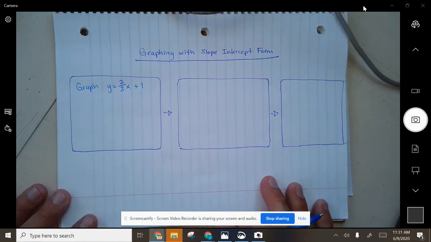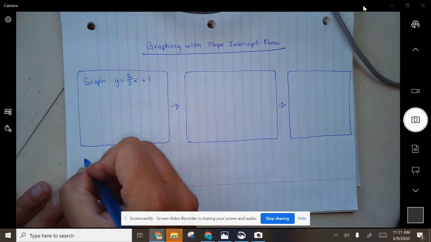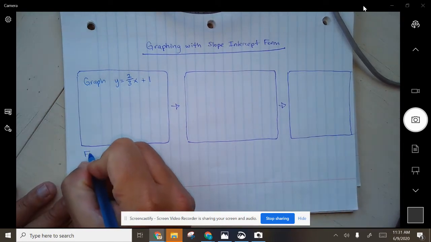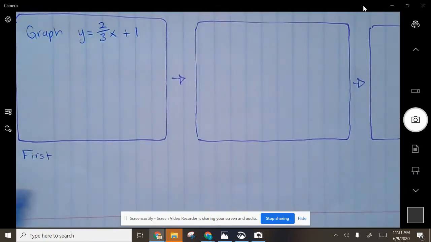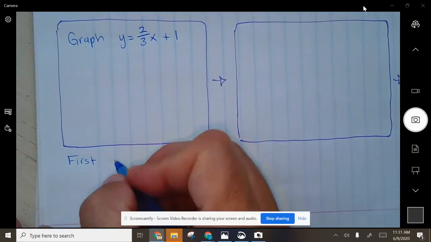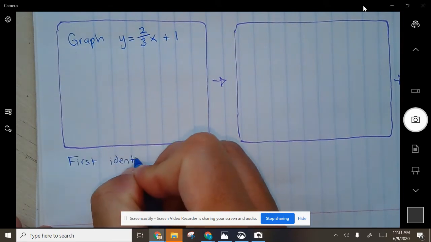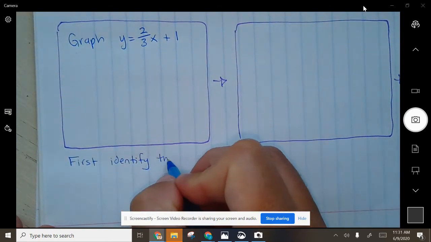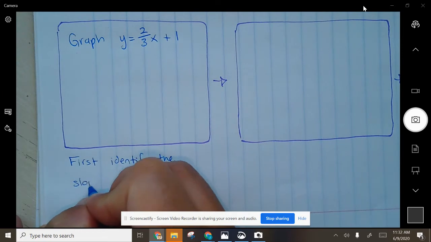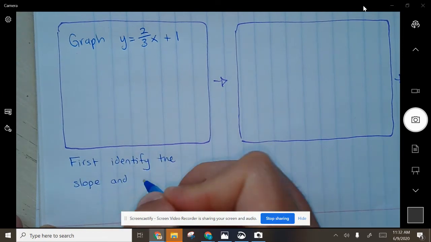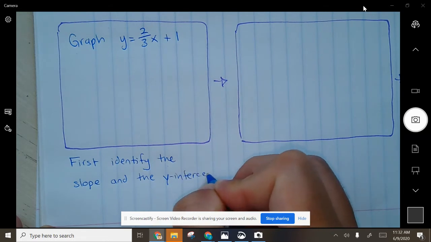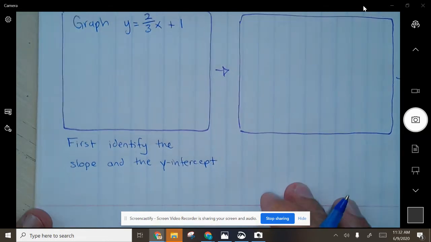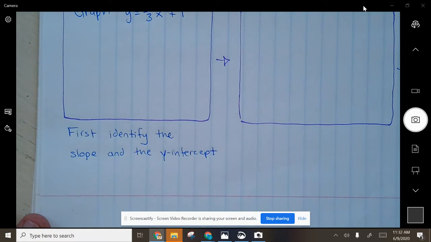Now the first thing I'm going to have you do down here, it's going to say first, I need you to write this down, so I'm going to zoom in a little more. First, identify the slope and the Y-intercept.